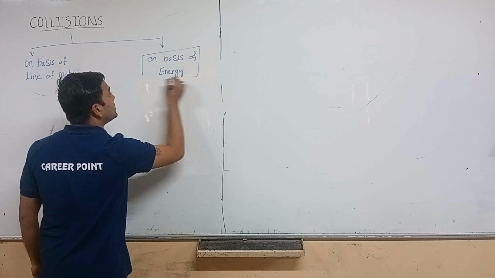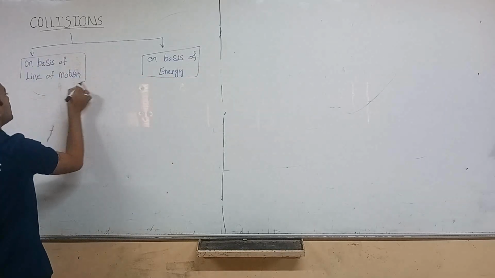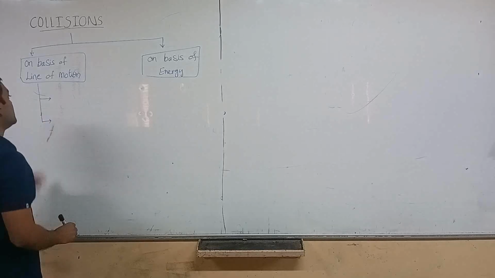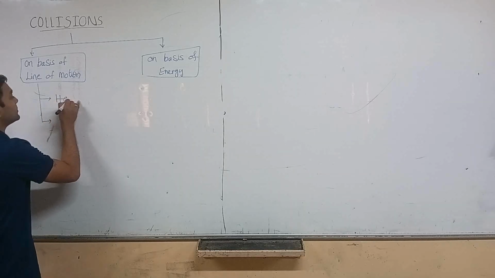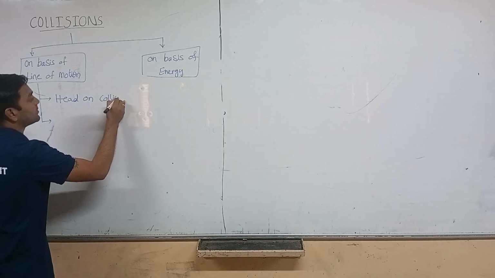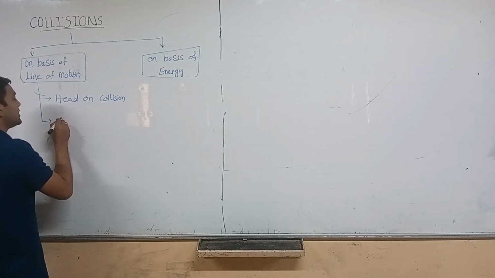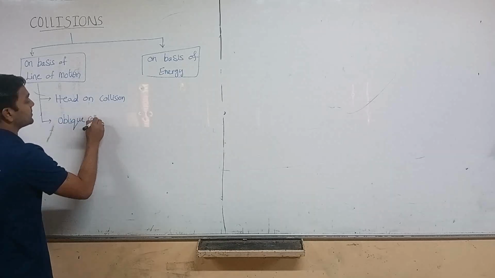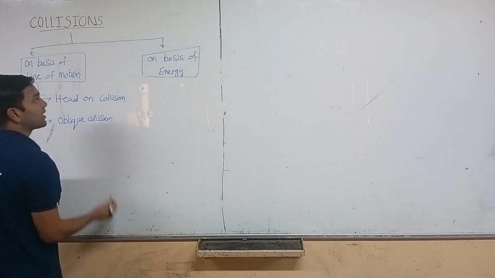On the basis of line of motion, we have two: first, head-on collision, and next, oblique collision.